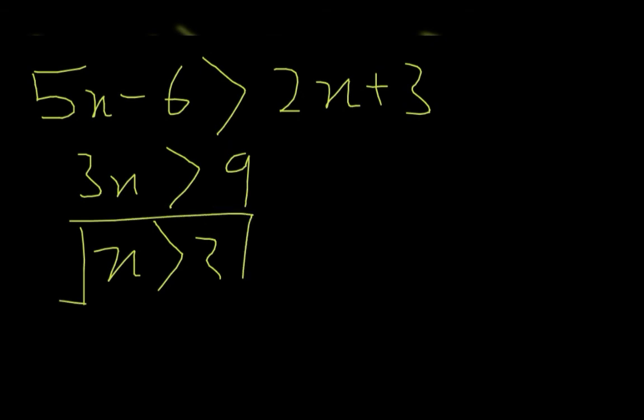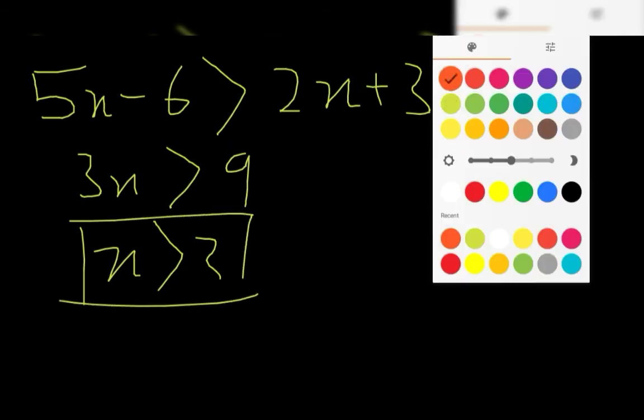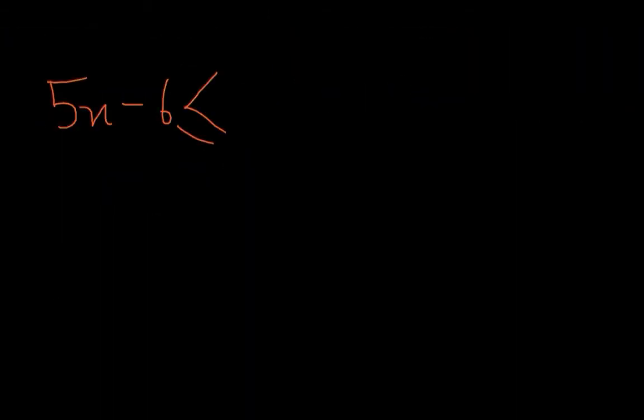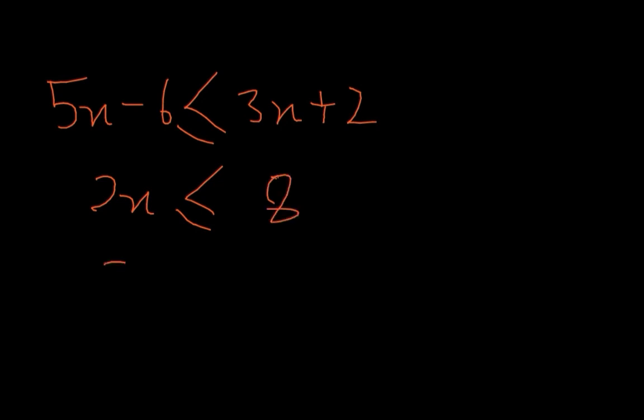Now let's go to the next part: 5x minus 6 less than or equal to 3x plus 2. So 2x less than or equal to 8. X is less than or equal to 4.